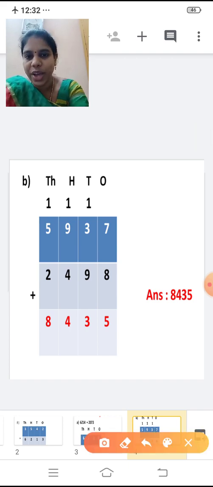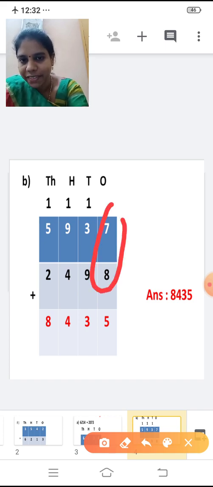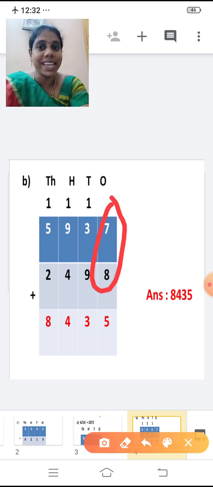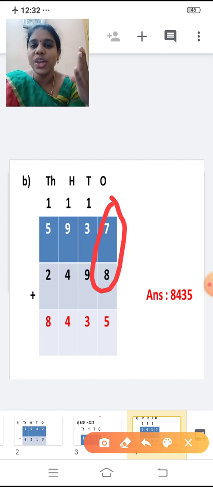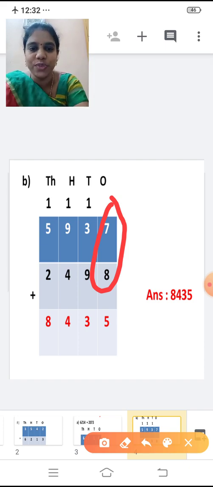Now, first we are going to add 8 and 7. Yes, 8 plus 7. 8 in the mind, 7 in the finger. After 7, 8, 9, 10, 11, 12, 13, 14, 15. So, the answer is 15.